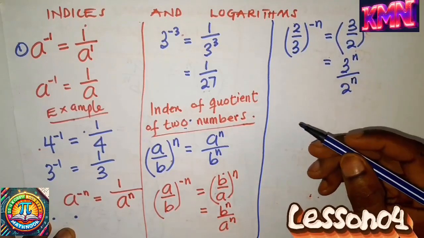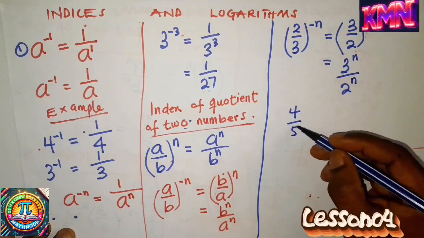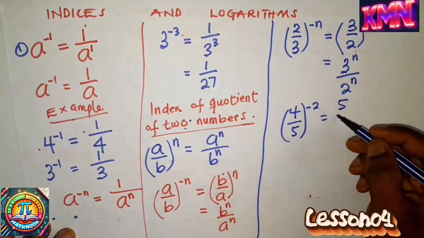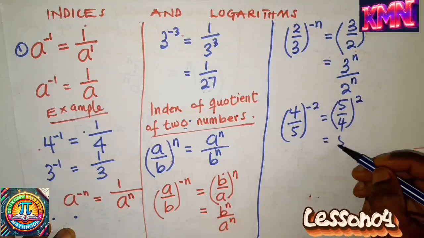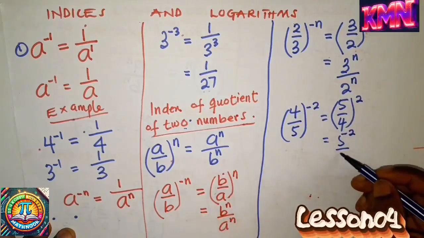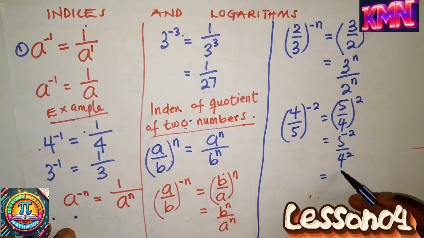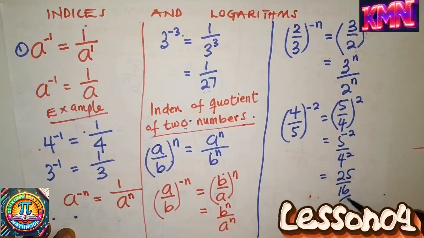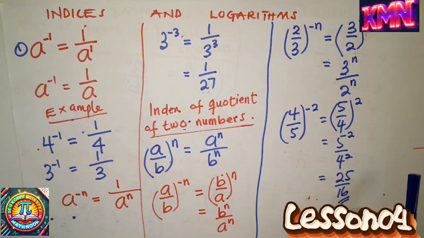Or assuming you have been given 4 on 5 index -2, we have 5 on 4, then this becomes positive, and that will be 5 exponent 2 on 4 exponent 2, of which you can further find as 25 on 16, and that will be the answer. So that is that. Let's look at some application of this, how to use this to solve problems.